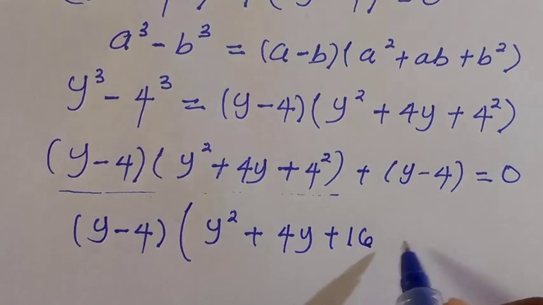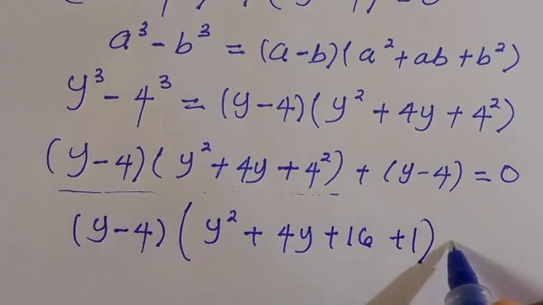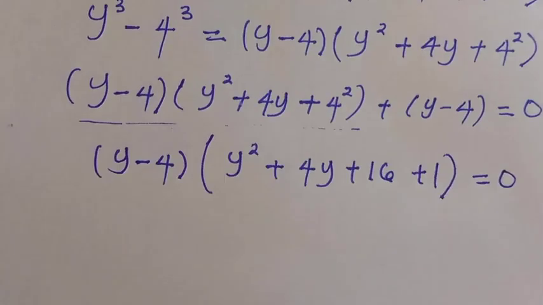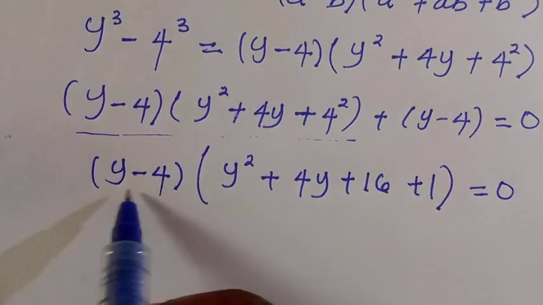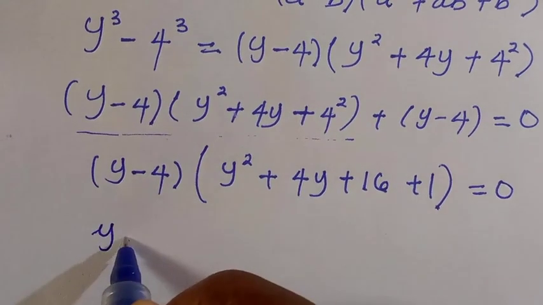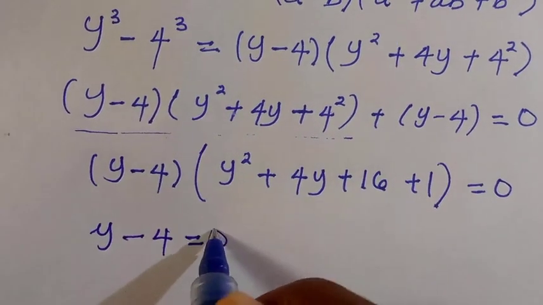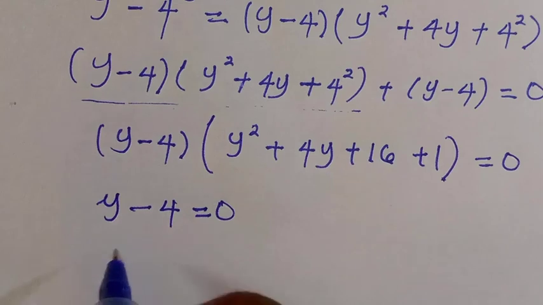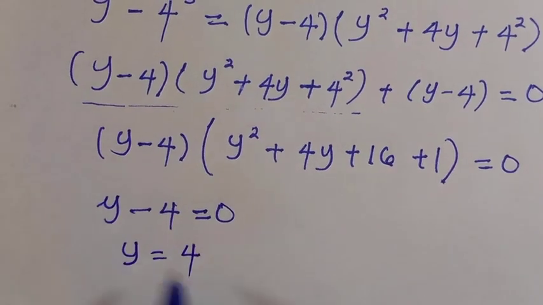So by taking this one out, we are left with plus 1 equals 0. Again, we let this y minus 4 equals 0 and this equals 0. So therefore, y minus 4 equals 0 and y equals 4.